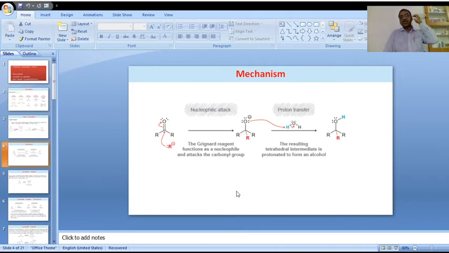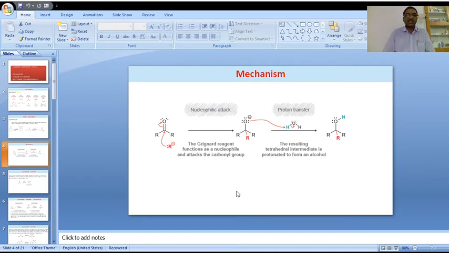The carbon nucleophile attack mechanism contains two steps. In the first step, it is a nucleophilic attack. The second step is called the proton transfer step.